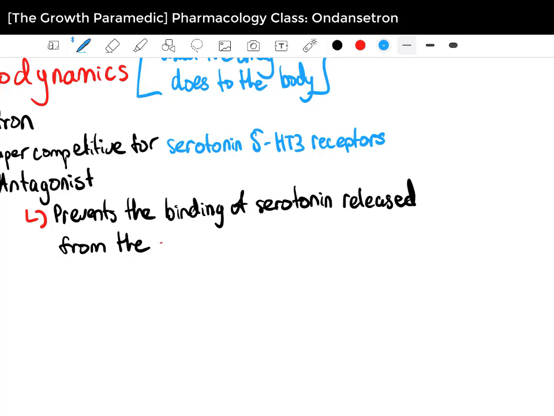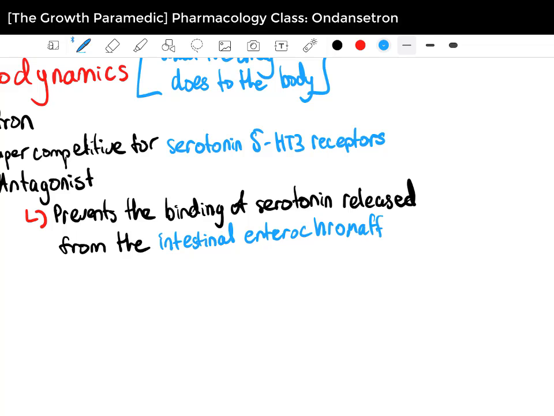Intestinal enterochromatin. And you don't really need to know what enterochromatin is. It's just basically in the stomach, intestinal area, my bad.